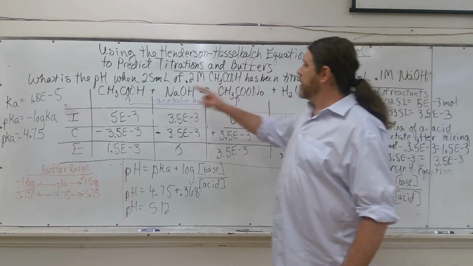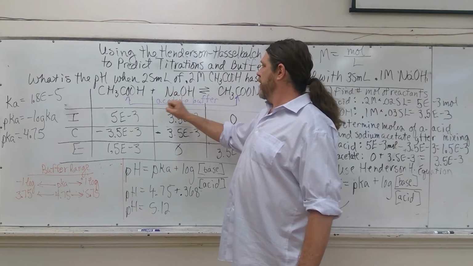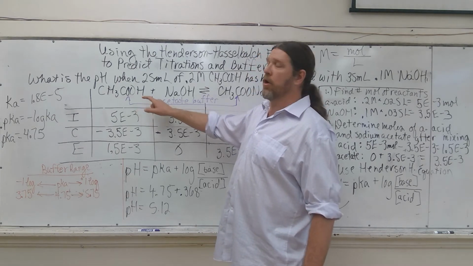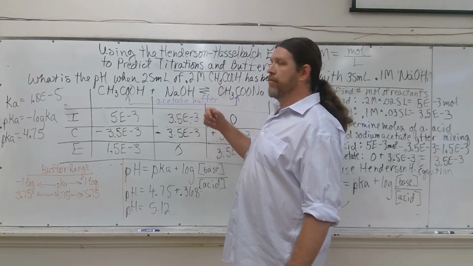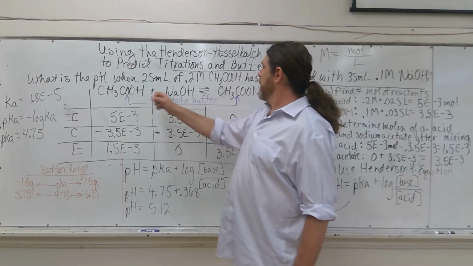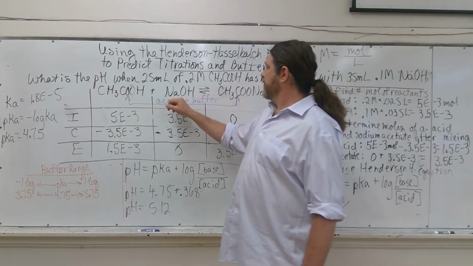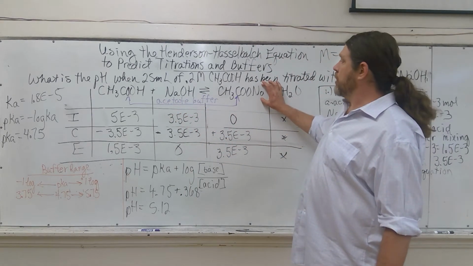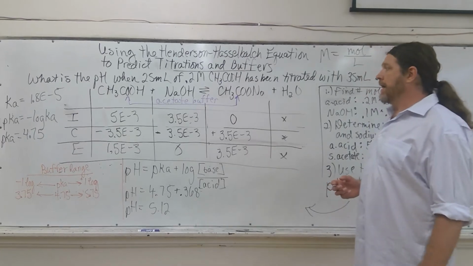In this case, acetic acid, as it's being titrated by sodium hydroxide, is losing the hydrogen off its carboxyl group and joining with the hydroxide to form water. That's the neutralization. But also, the sodium is replacing that hydrogen. We now have a salt form, which is sodium acetate.